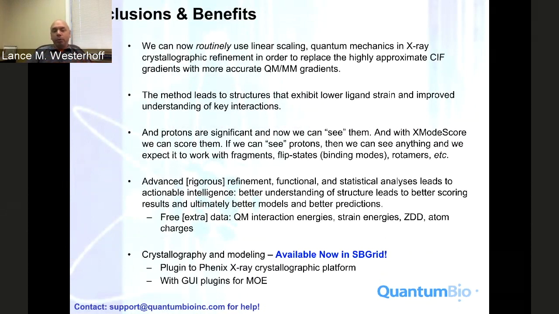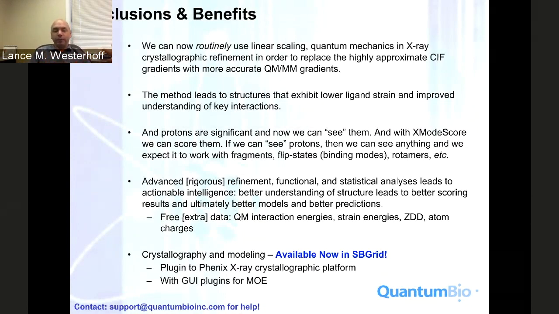And finally, in terms of protons themselves, they are significant. From a crystallographic perspective, we tend to be a little selective with how important we think they are, in part because we generally can't see them. But in reality, they are there. They are impacting the structure, and we can measure their impact on the things around them.